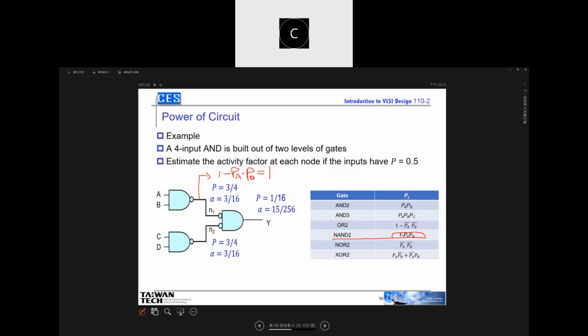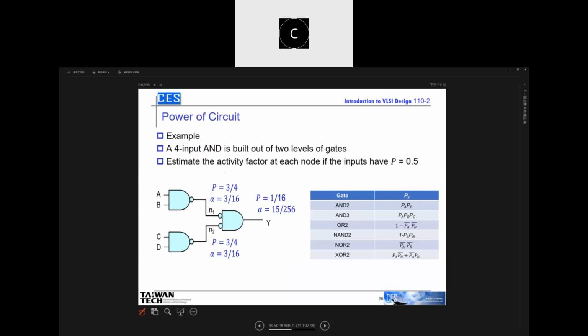Equals 1 minus 0.5 times 0.5, equals 0.75, which is 3/4.